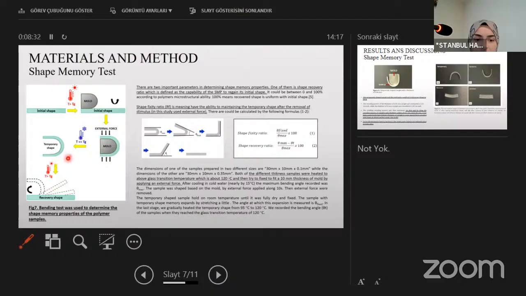The sample with the temporary shape expands by stretching a little, as you can see here. The angle at which this expansion is measured is theta fixed. In the last stage, we gradually heat the temporary shape from 95 degrees Celsius to 120 degrees Celsius. We recorded the bending angle theta t of the samples when they reached the glass transition temperature.